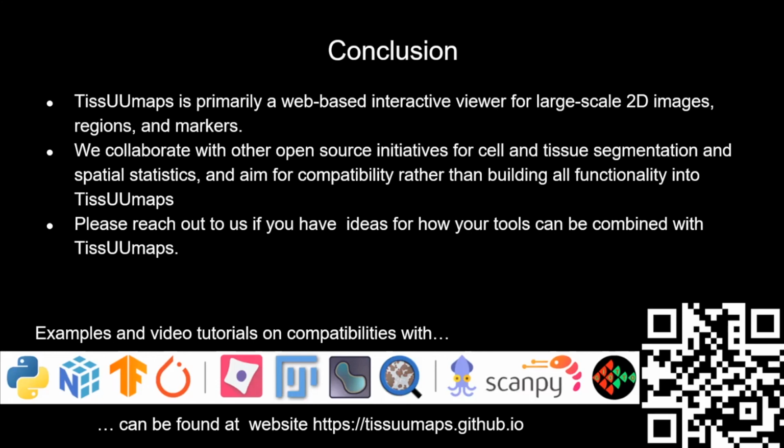And we try to make it as compatible as possible with other tools. We don't want to reinvent everything. We just want to see tissue maps as the viewer for spatial omics data, and then you do all the analysis and everything else in other tools and display them in tissue maps.